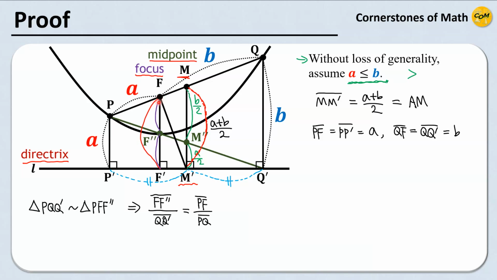That is, the ratio this to this is equal to the ratio this to this. So we have FF'' over B is equal to A over A plus B, which gives FF'' equals AB over A plus B.